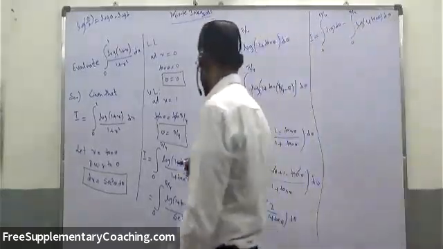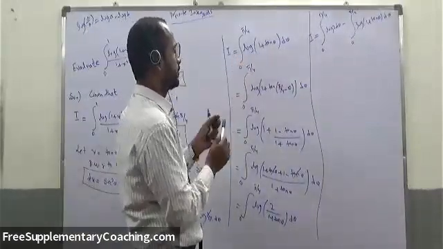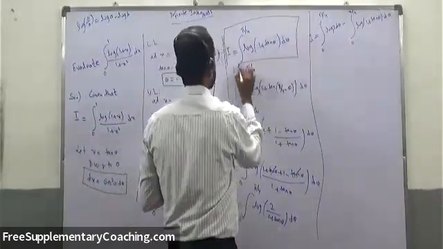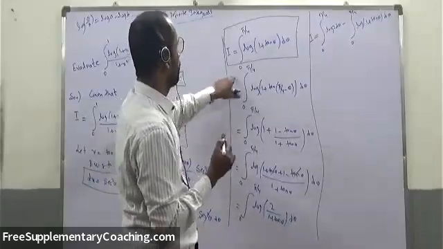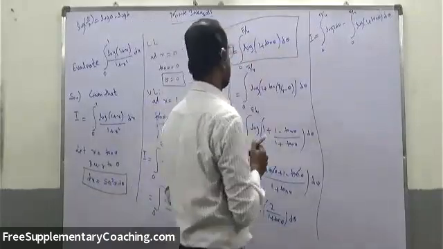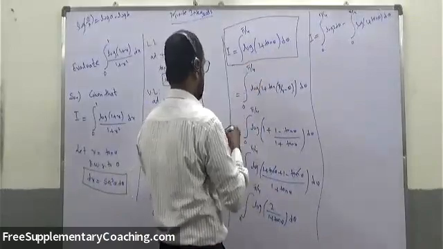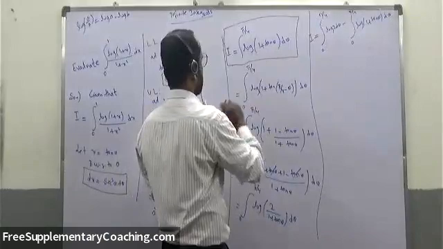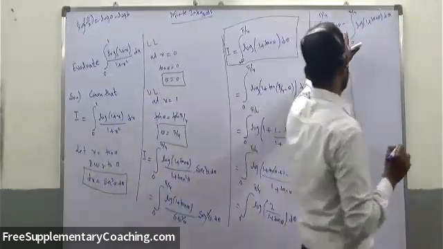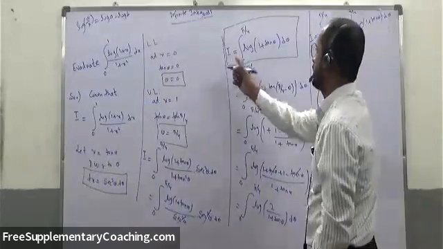See here, this particular step, zero to pi by 4, log 1 plus tan theta into d theta, you can write as I. Instead of writing 0 to pi by 4 log 1 plus tan theta into d theta, I can directly use I here.